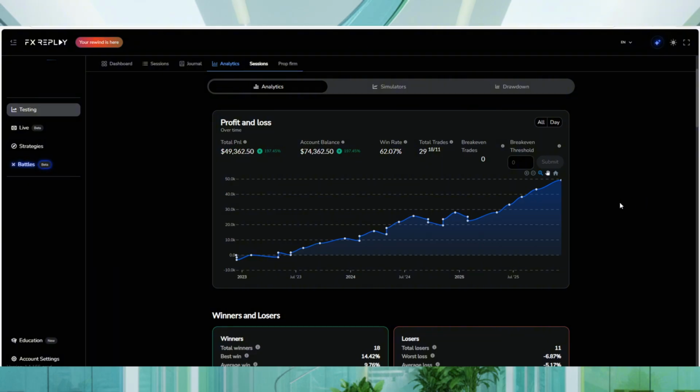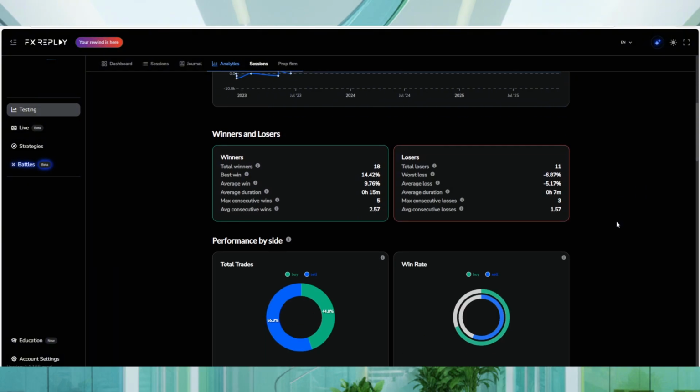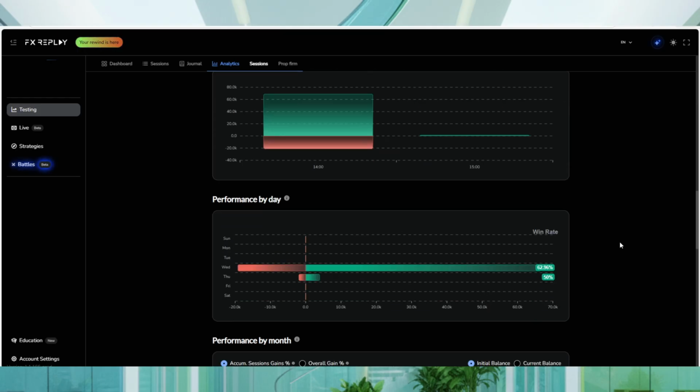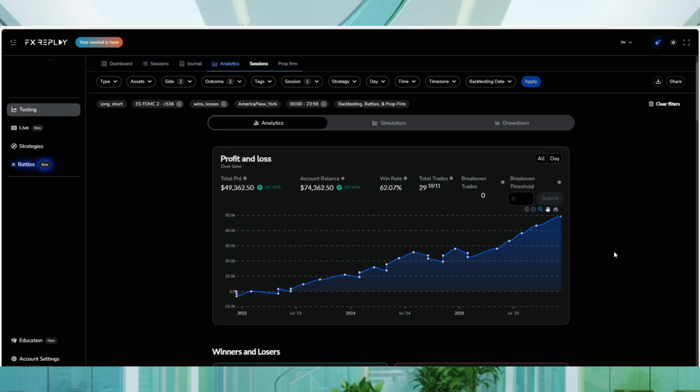So we have a 62% win rate. 18 winners, 11 losers. Yep, there you have it. It's 29 trades.